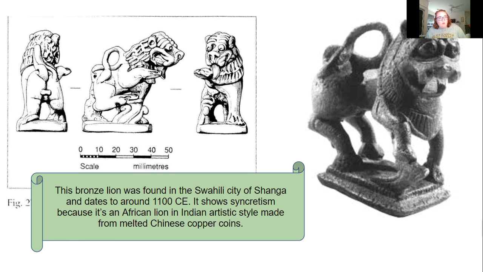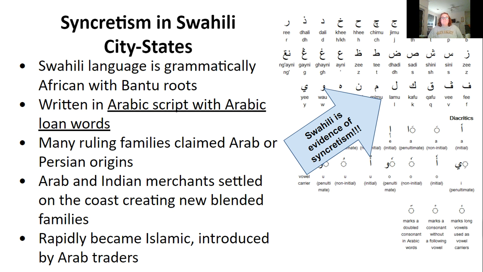It shows syncretism because it's an African lion in the Indian artistic style that was made from melted Chinese copper coins. So syncretism in the Swahili city-states: Swahili is grammatically African with Bantu roots, but when it's written down, you see Arabic script with Arabic loan words.